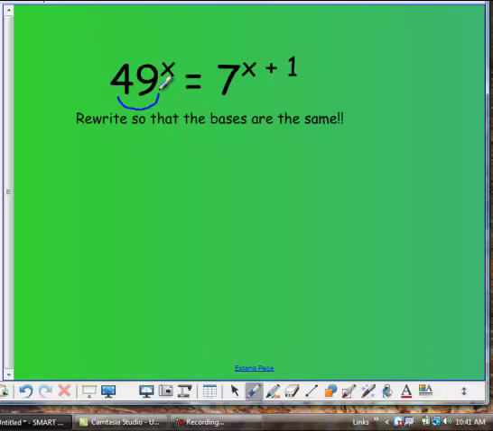of 49, and that definitely is not the same as 7. However, you may think, wow, 49 can be rewritten as 7 squared. And I've got a 7 over here. So now I have like bases.